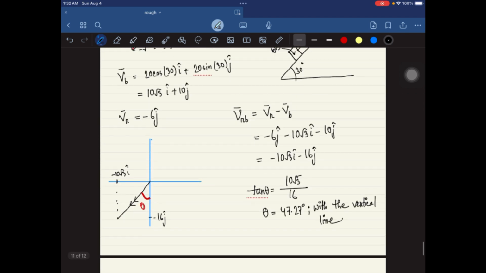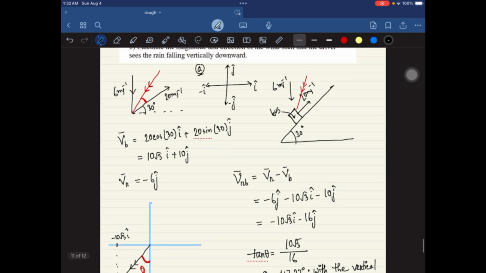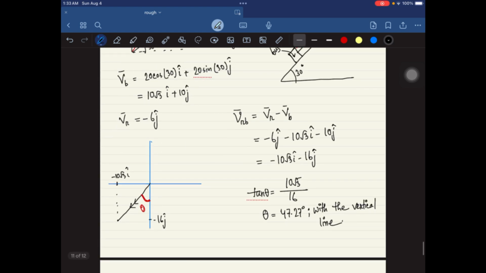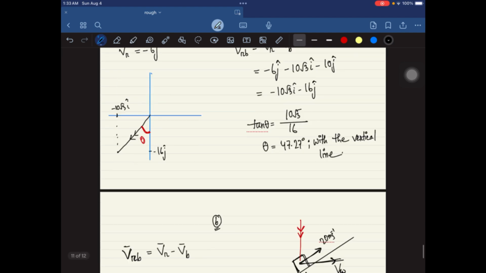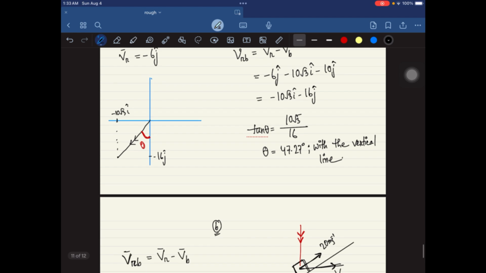What is known about VD or VB? Let's write it VB, because I have already written it in the previous case. VB is 10 root 3 i plus 10j.